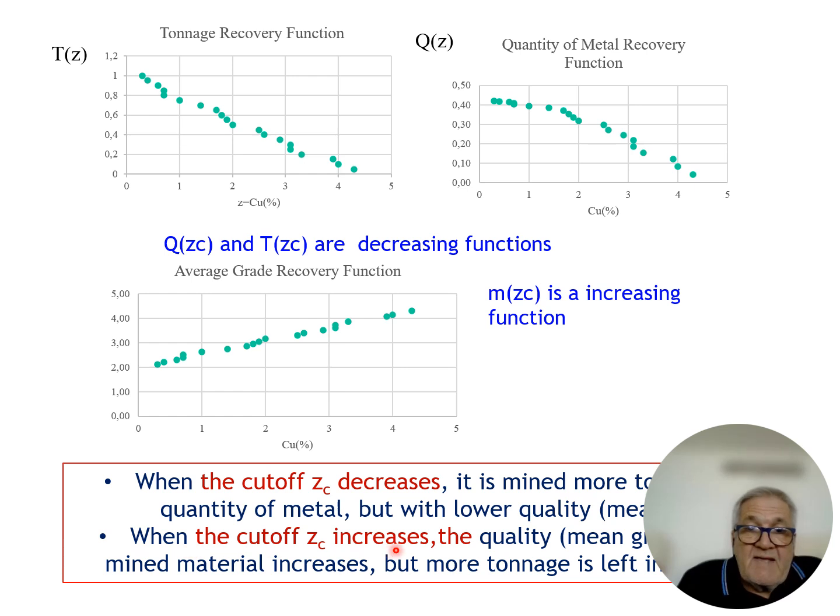When the cutoff increases, it is the opposite. The quality, the mean grade, increases, but the quantity of metal and tonnage decrease. That's the way it works with recovery functions. Those are basically tools that help us to plan and to decide about the available reserves of a given body, of a given part of our body, etc. Okay?